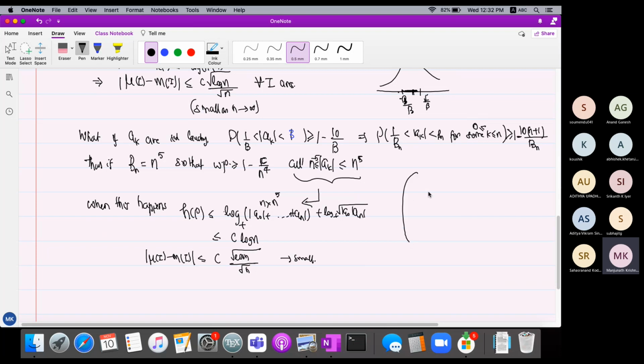So unlike the usual things in probability, as long as the expectation of log mod a_k is finite, then we get equidistribution of angles.